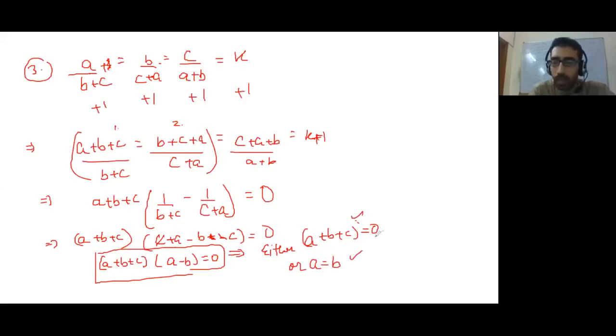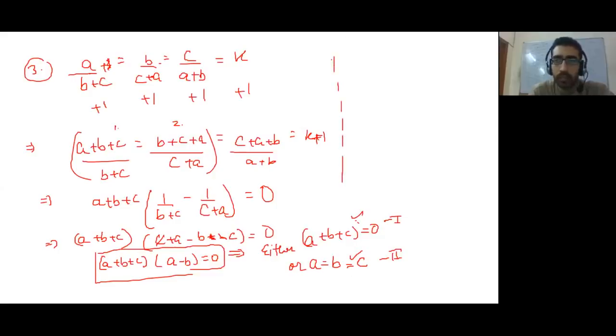If you put a equal to b in the original equation, you will get a is equal to b is equal to c. So let's say this is result 1, this is result 2. And of course, from 2, sorry, I've run out of space.